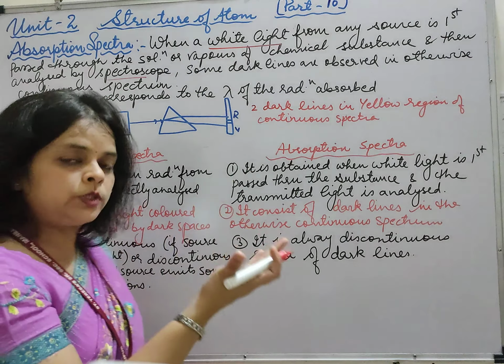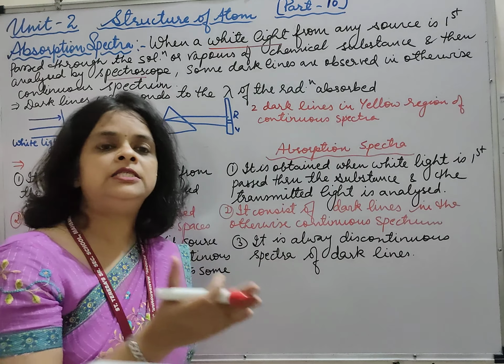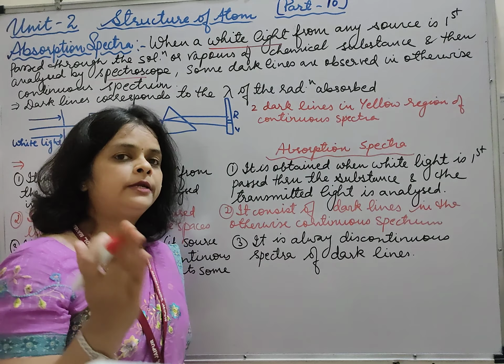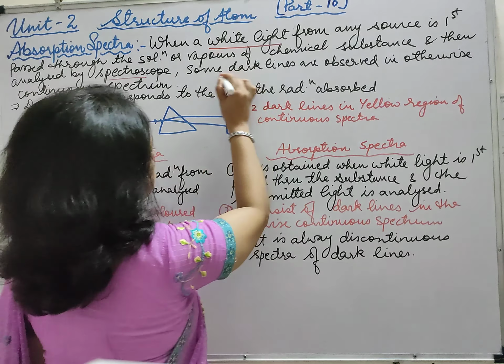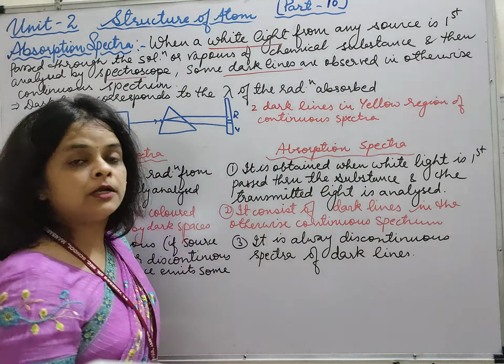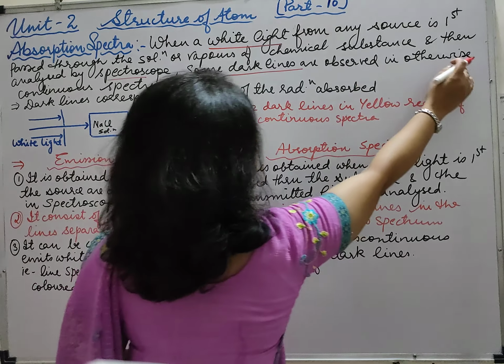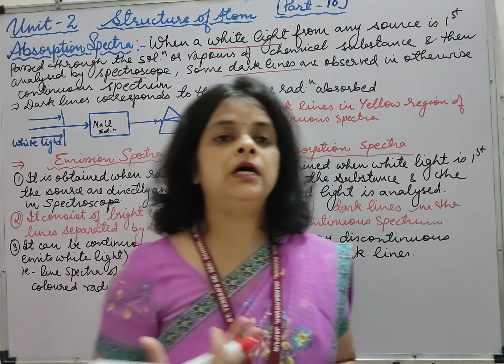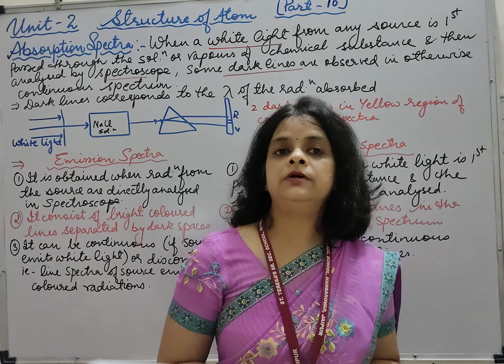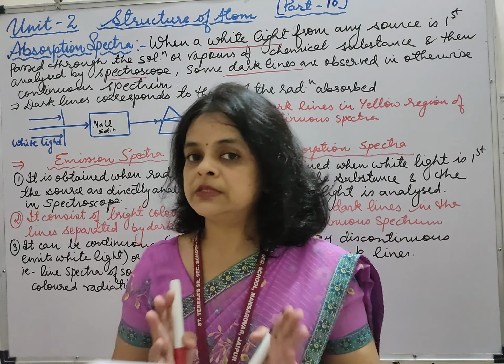After passing through that solution, that is analyzed by the spectroscope. Spectroscope, that is the prism we are taking here. Some dark lines are observed in otherwise continuous spectrum. Students, क्या meaning है इसका? Some dark lines are observed in otherwise continuous spectrum.